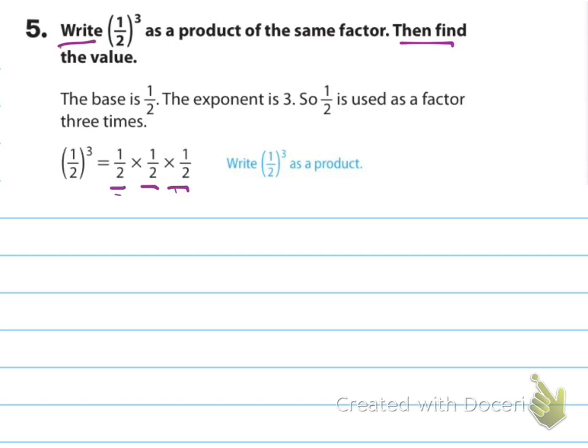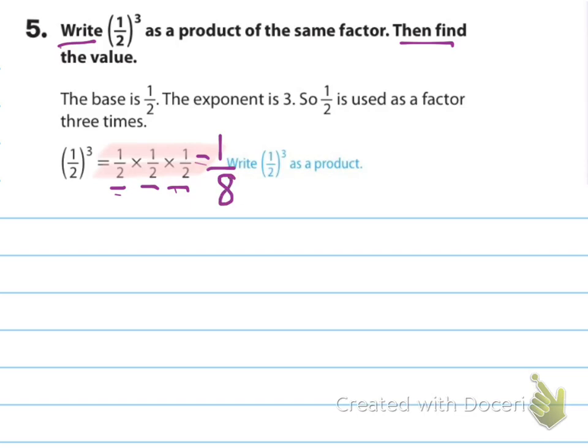And so 1/2 times 1/2 times 1/2, if we're going to solve this out, we're going to now multiply all our numerators. And so 1 times 1 times 1 is 1. And then we're going to multiply all of our denominators. And we get 2 times 2 is 4, times 2 is 8.